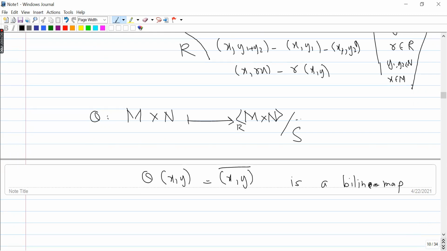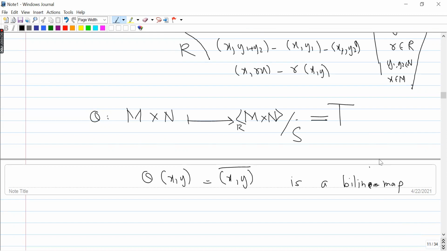So this canonical map is a bilinear map, and this thing is equal to T. So in this way we constructed the tensor product of M and N.